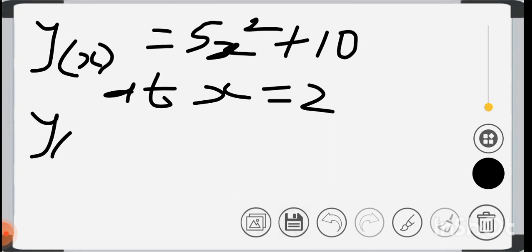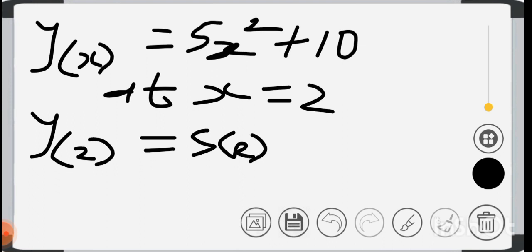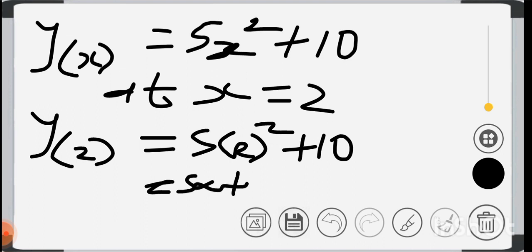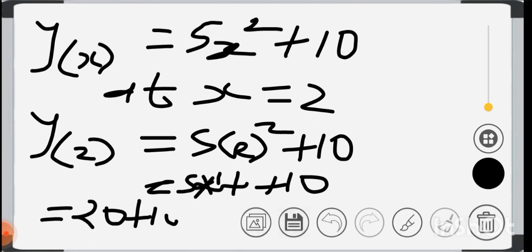So if x is 2, what I'm going to have is 5 times 2 squared plus 10. That will give us 5 times 4 plus 10. And 5 times 4 is what? 20 plus 10. That is 30. So the answer is going to be 30.